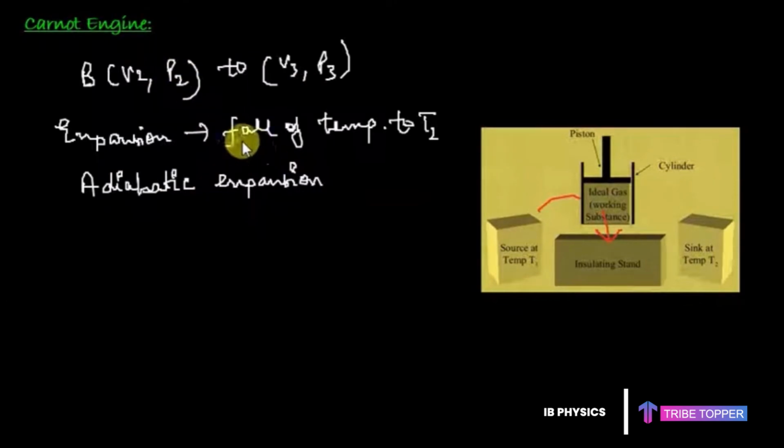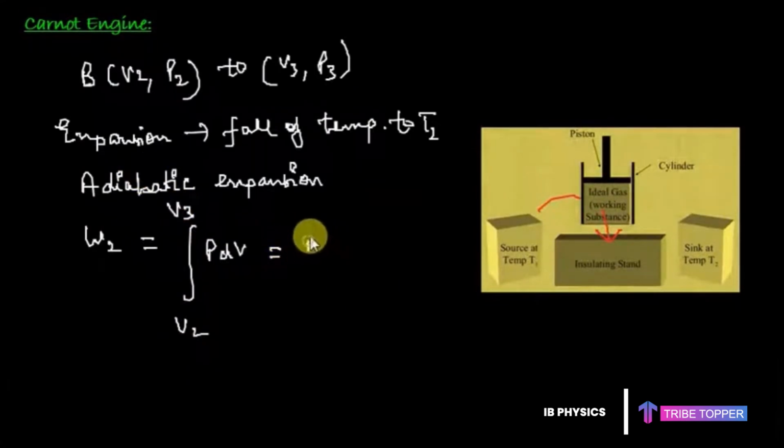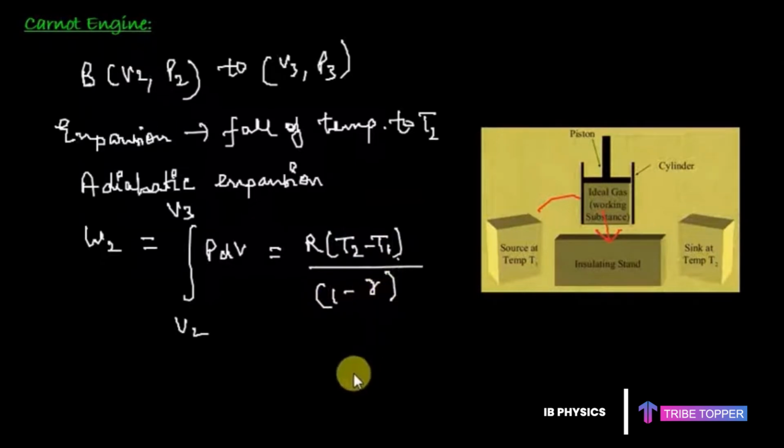so the temperature fell down further. So the work done this time, W2, is again the integral of PdV, because still there's a change in volume happening from V2 to V3, and this time we get it as R times T2 minus T1 upon 1 minus gamma. So that's an expression which we have already derived during adiabatic expansion.